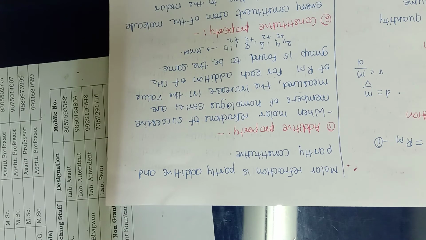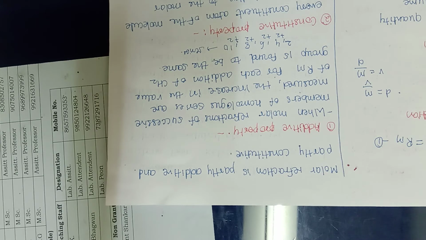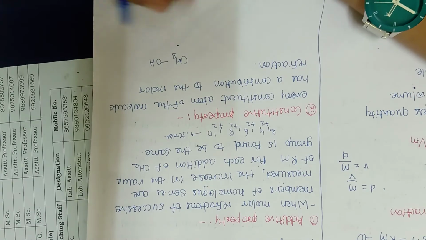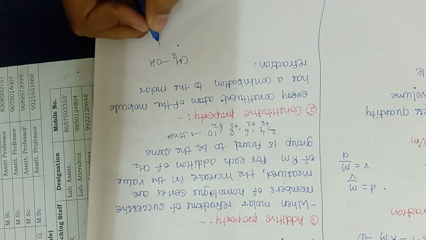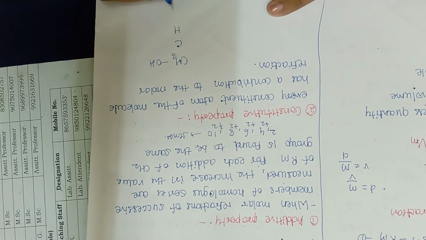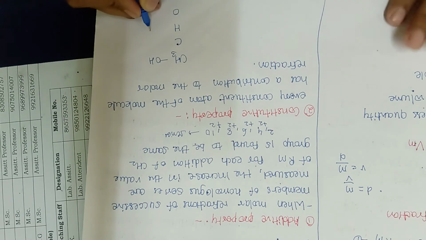Then the constitutive property. What is constitutive? If we take methyl alcohol, there are three different elements: carbon, then hydrogen, and then oxygen.